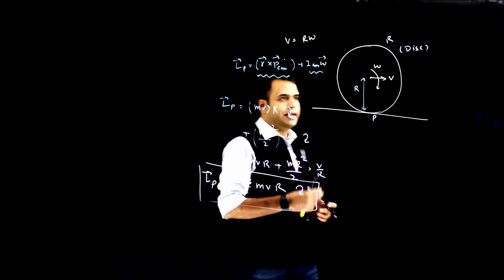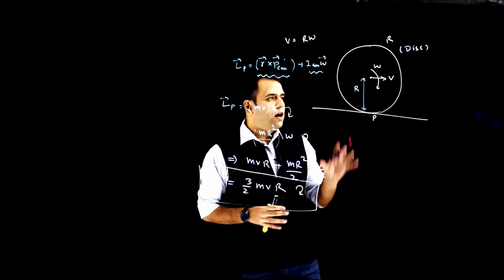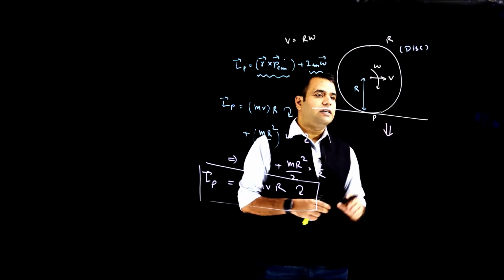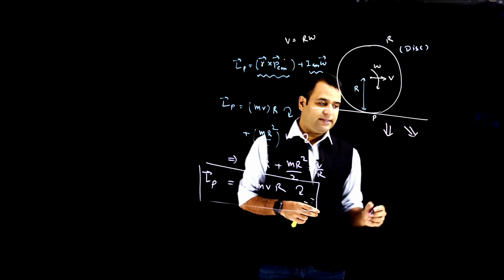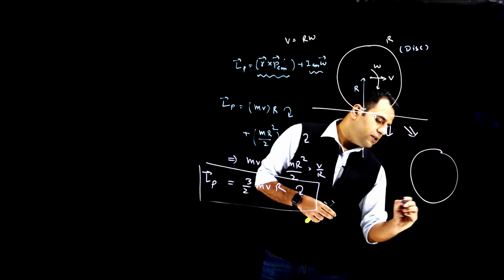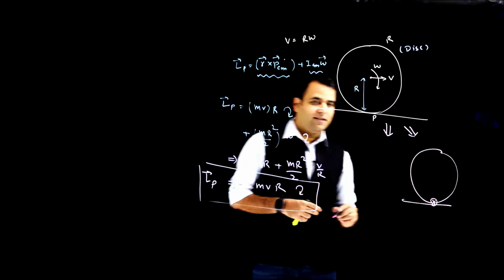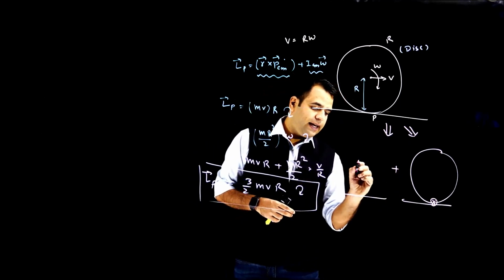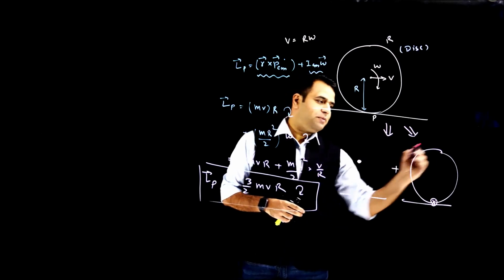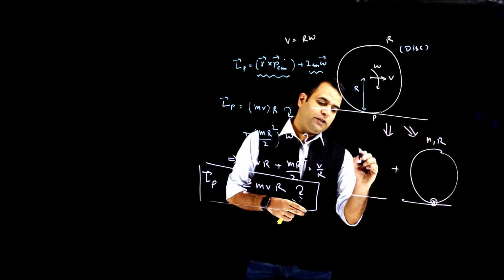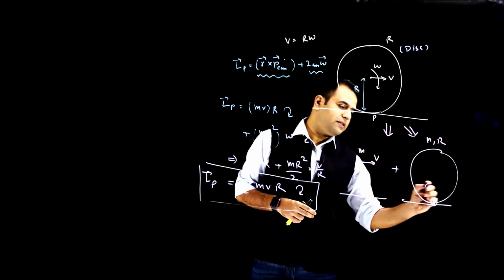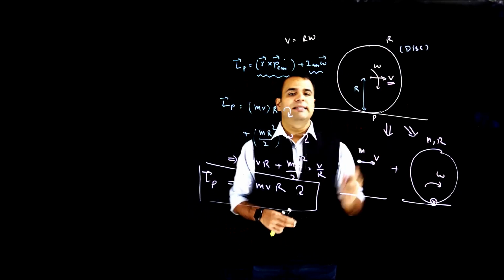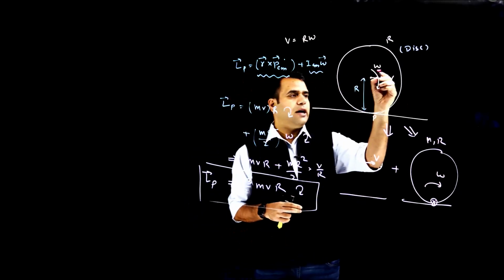Okay, so that's how we calculate. Whenever we are given a rigid body that is not hinged, we convert that system into two separate systems. We place an actual hinge at the axis for the rigid body, and then we convert the rigid body into a point mass placed at the center of mass. So there was this rigid body whose center of mass is moving with velocity v and whose angular velocity was omega.